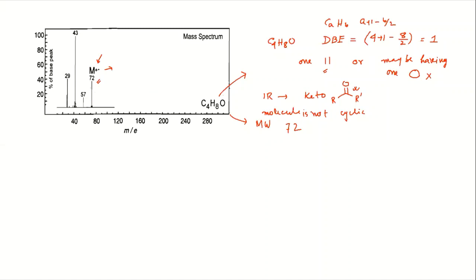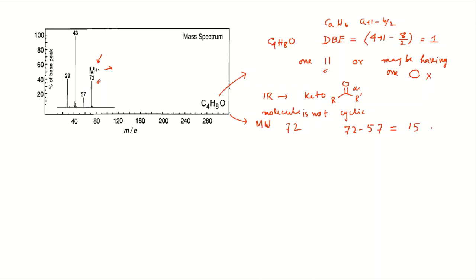You subtract the values and try to find out what has come out, as neutral or radical species. 72 is the molecular ion. The next peak is 57, so one neutral or radical species has come out. 72 minus 57, how much is the value? 15.